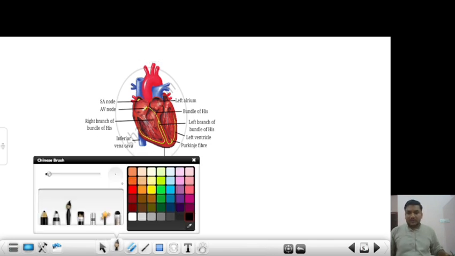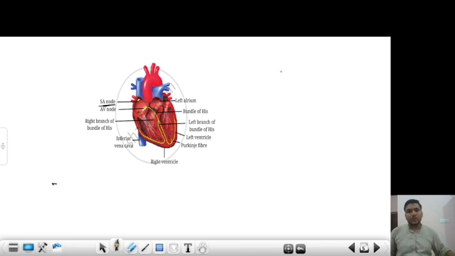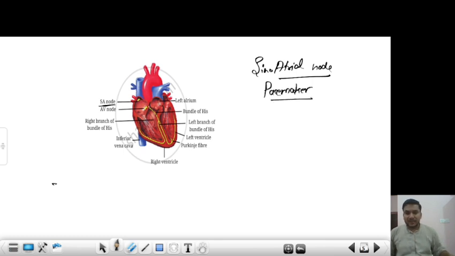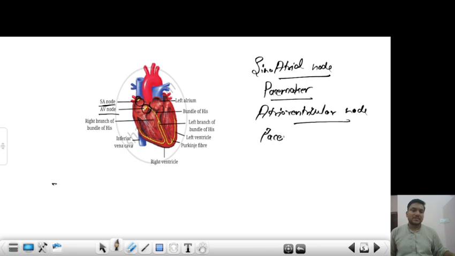Here you can see a very specialized node known as the SA node, that is the sinoatrial node, which is also known as the pacemaker. Another important thing you can see is the AV node, that is the atrioventricular node. This is known as the pace setter.